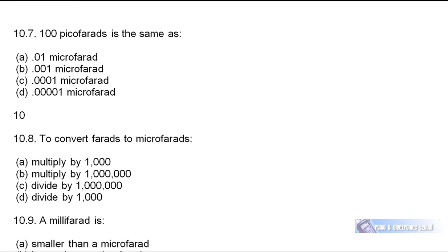So that's 1, that's 2, that's 3, and I'll put a decimal point in, 4, 5, 6. So 100 picofarads is the same as 0.1 microfarads.